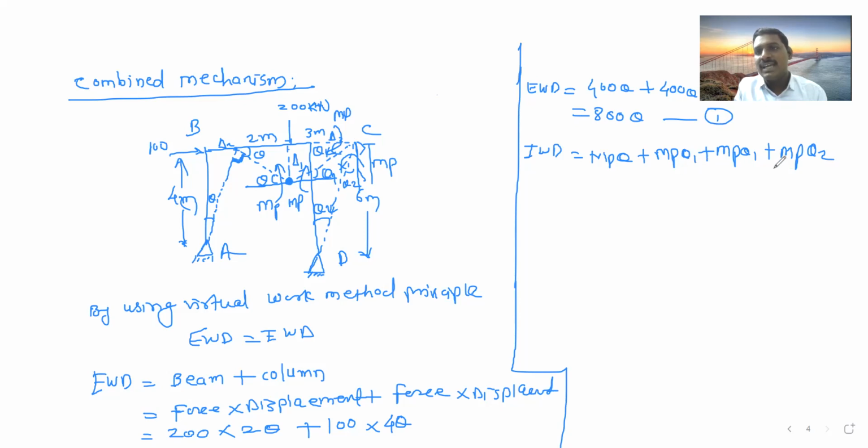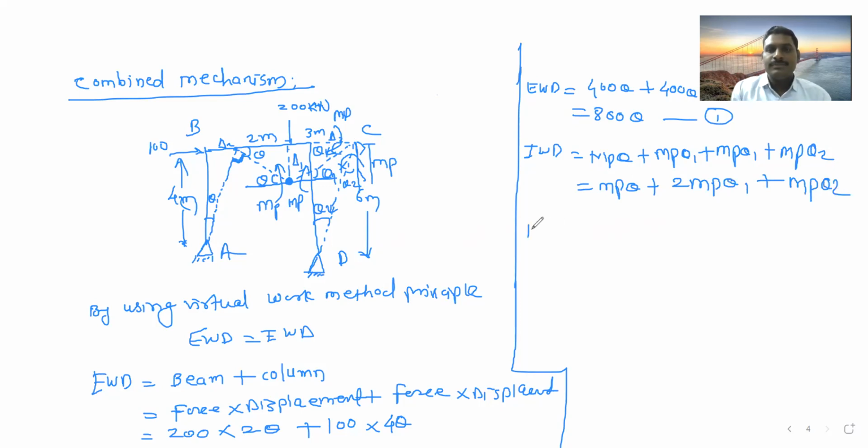And last is 1 of theta 2. At A and D, there will not be movement. So we have not written. So now it means MP theta plus 2 MP theta 1 plus MP theta 2.